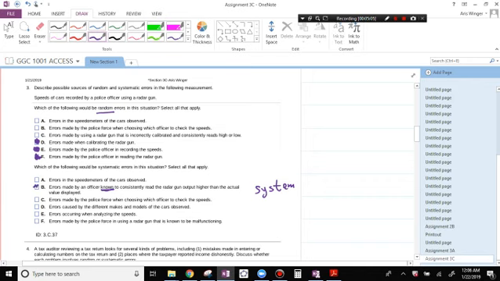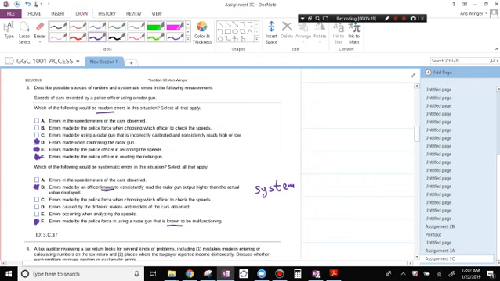A systematic error. Errors made by the police force when choosing which officer to check the speeds? No. Errors caused by the different makes and models of the cars observed? No. And errors occurring when analyzing the speeds? And errors made by the police officer in a radar gun that is known to be malfunctioning. So this whole known again.